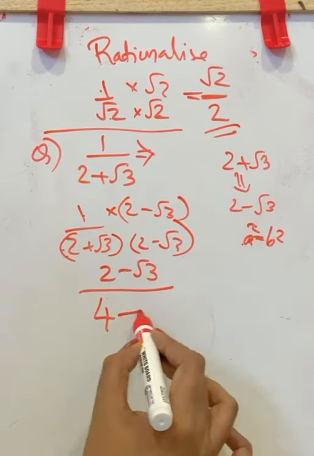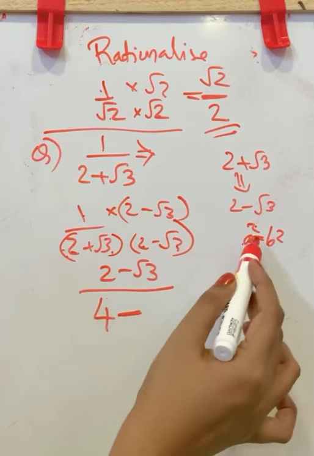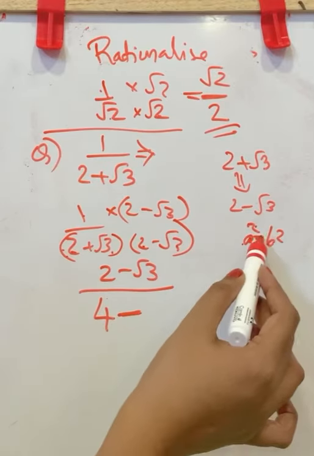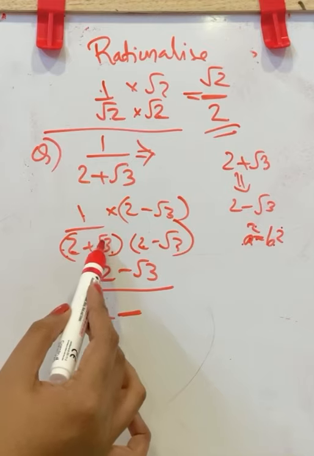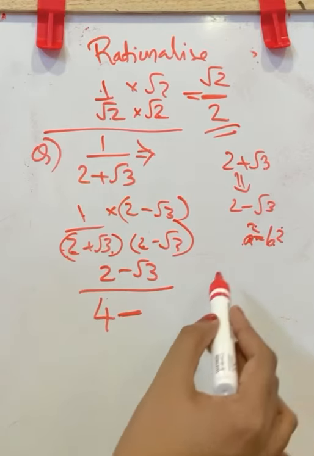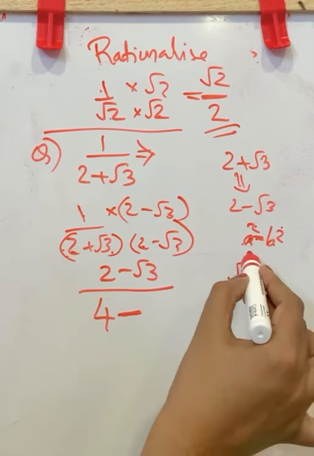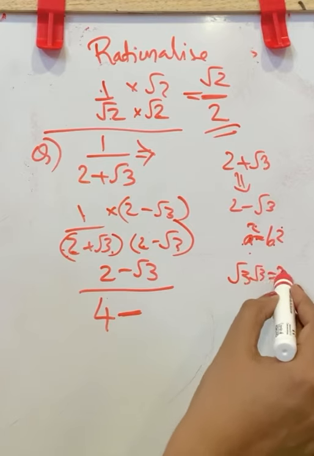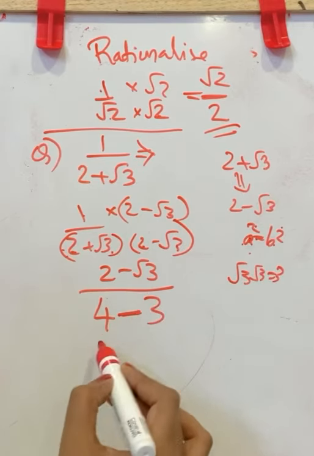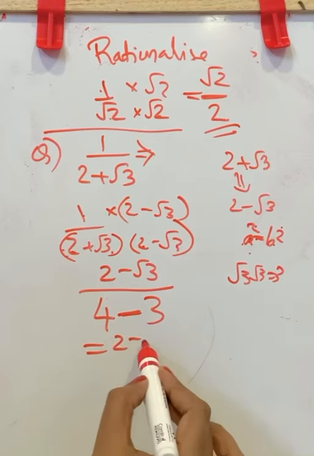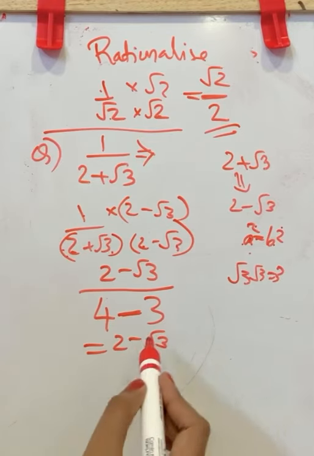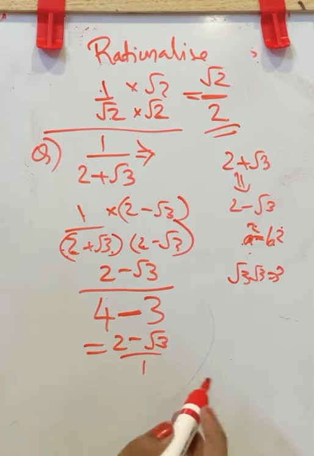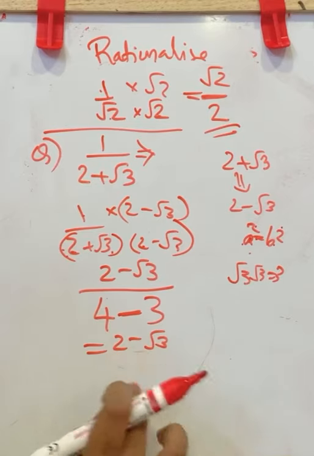Minus b square. b is here root 3. Root 3 square means root 3 into root 3 is 3. 4 minus 3 is 1. So 2 minus root 3 by 1, which you can simply write as 2 minus root 3.